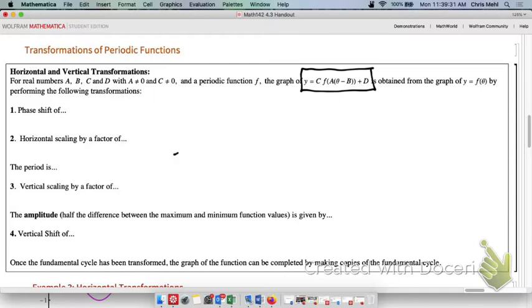You're going to do a phase shift of absolute value of B units right if B is positive, and absolute value of B units left if B is negative.